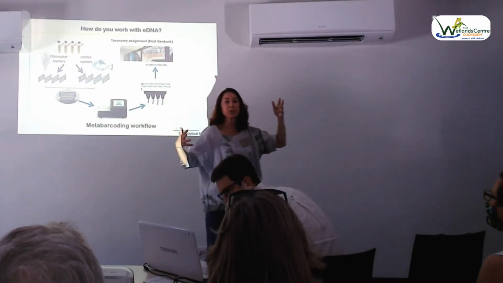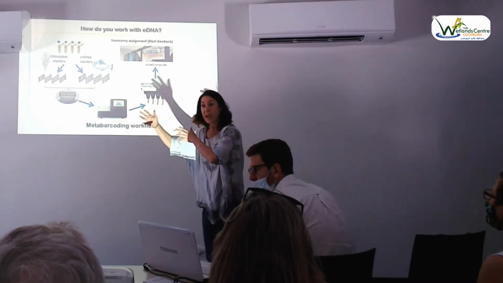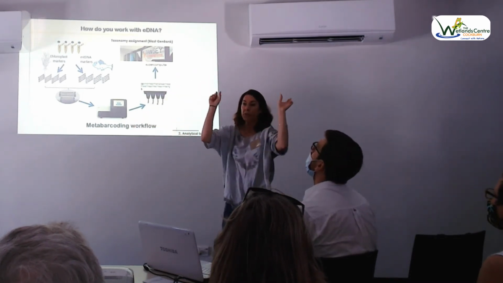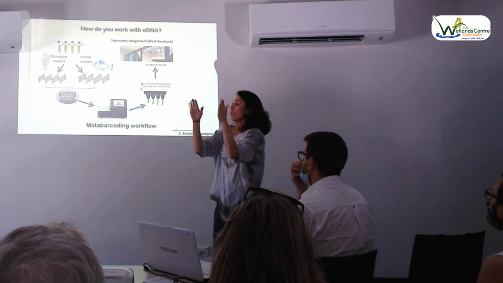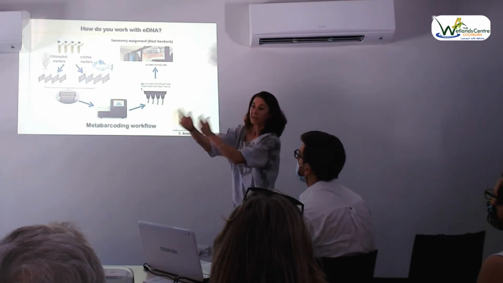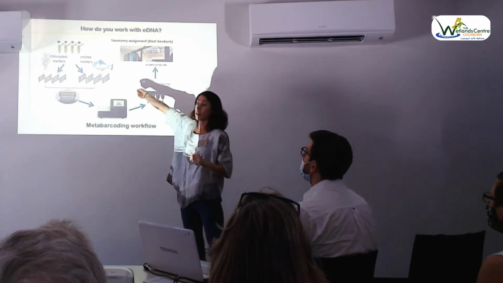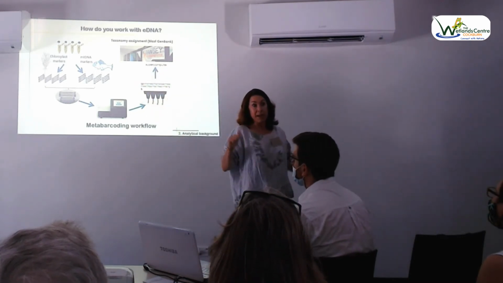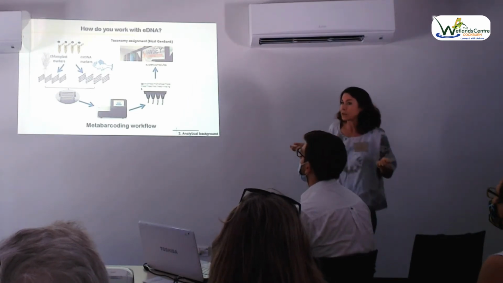But then what do we do with those 100 million sequences, and how do we know which one came from which sample? From the license plates that we've added on the ends of the DNA, we've assigned those to each sample, so bioinformatically we can bin the sequences to the sample. Once we bin it, we rely a lot on supercomputing, because then we just have a DNA sequence. How do we know what the DNA sequence is?